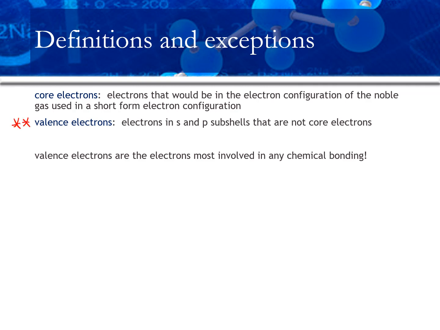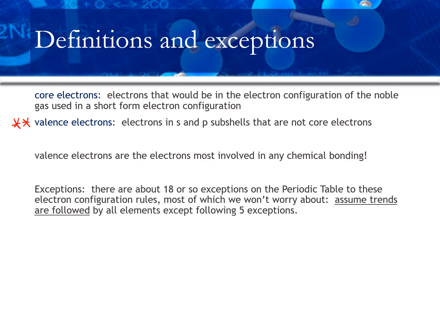All right, now using the rules that we have for electron configurations, it turns out there are some exceptions to those rules on the periodic table, elements that don't follow the rules that we talked about. We're not going to worry about very many of these.